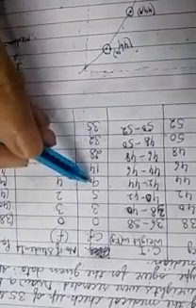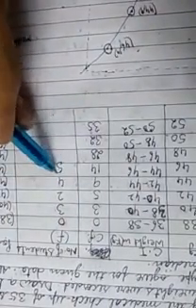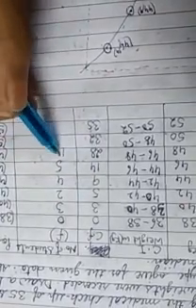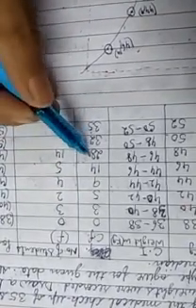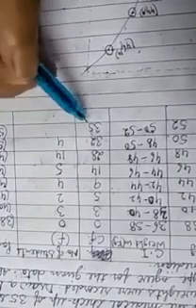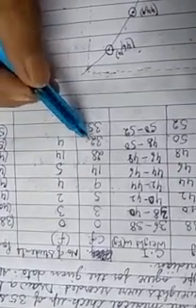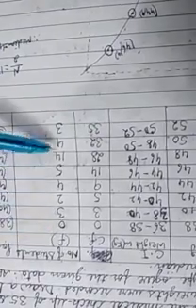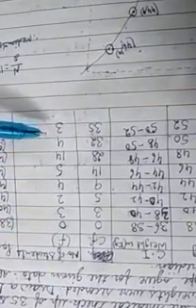Then 14 minus 9, 5. Then 28 minus 14, it will be 14. Then 32 minus 28, it will be 4. Then 35 minus 32, it will be 3. So this is the corresponding frequency. So this is the method.